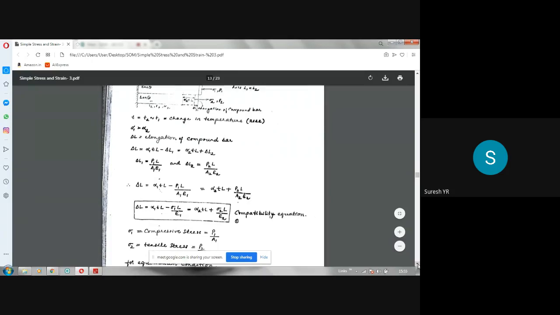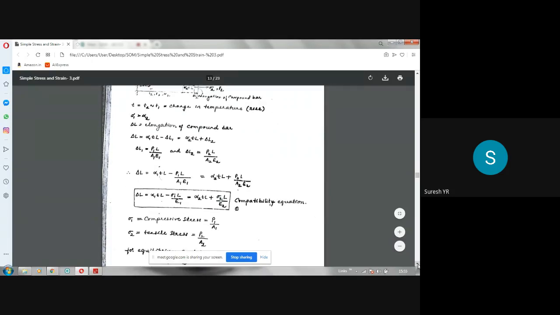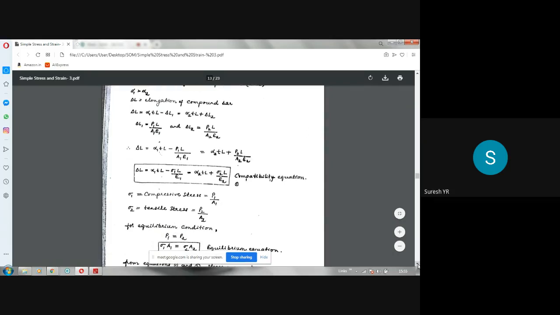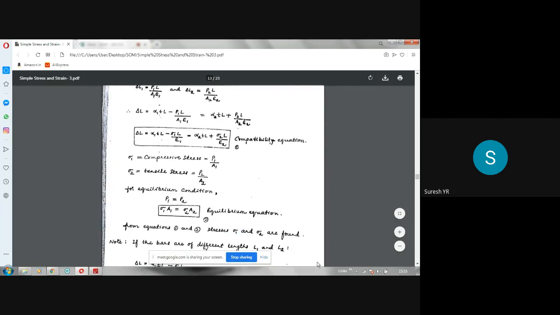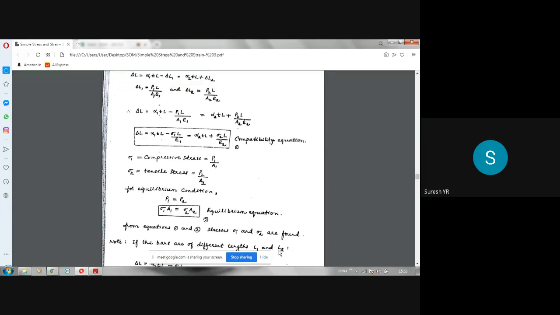So P1 and P2 are the internal forces that are going to develop in those bars. P1 is compressive force, P2 is tensile force. For the equilibrium condition, these two should be equal, since there is no other force acting on the bar. One bar is subject to tension, another bar is subject to compression.